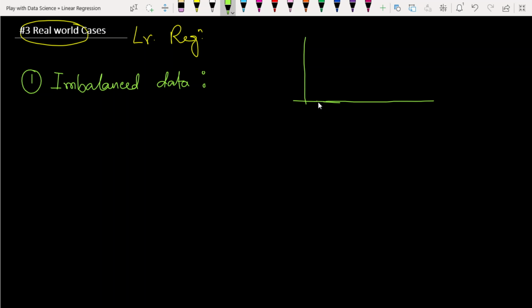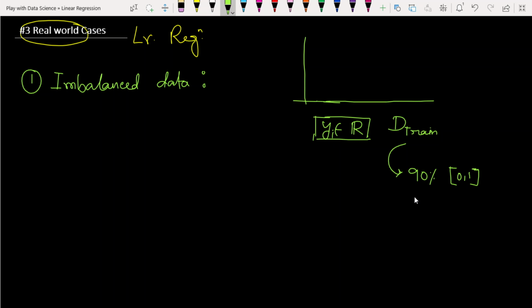In regression, yi belongs to the real numbers. Suppose in our training data, 90% of the data belongs to the range 0 to 1, and only 10% of this data lies between, suppose, 2 to 10.